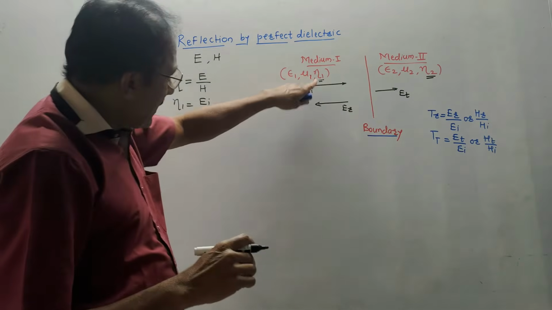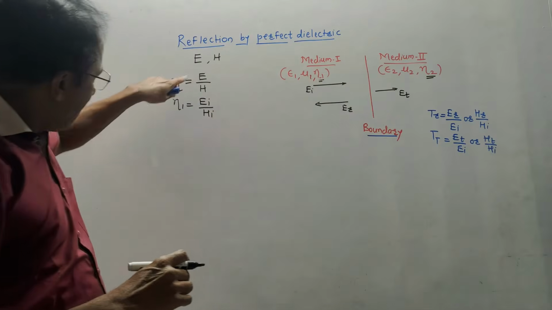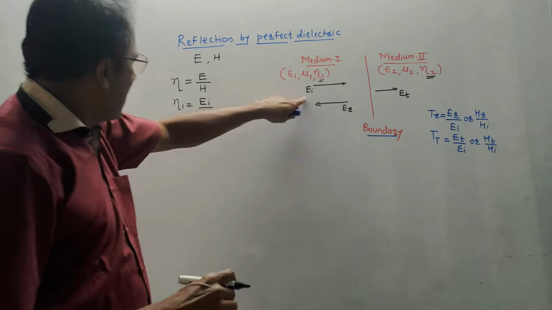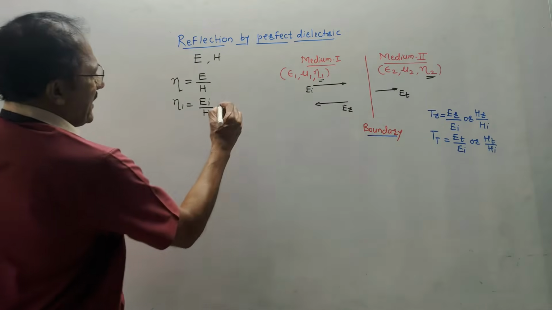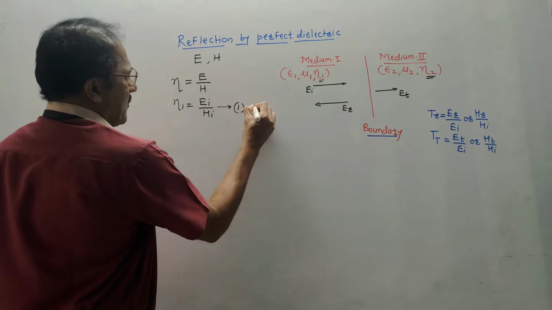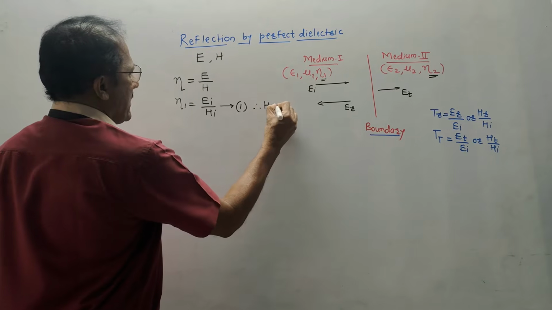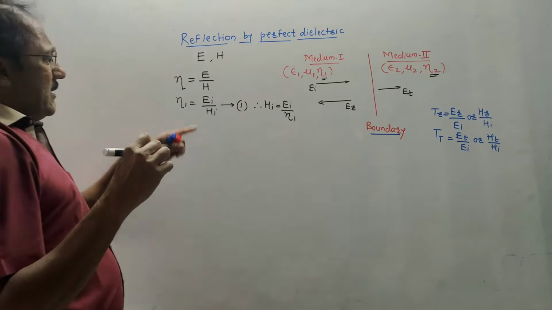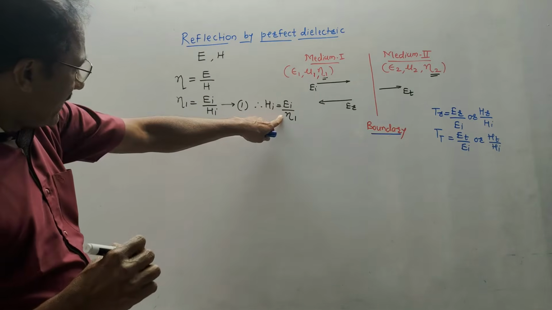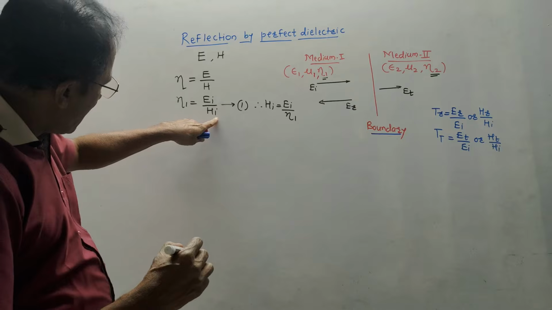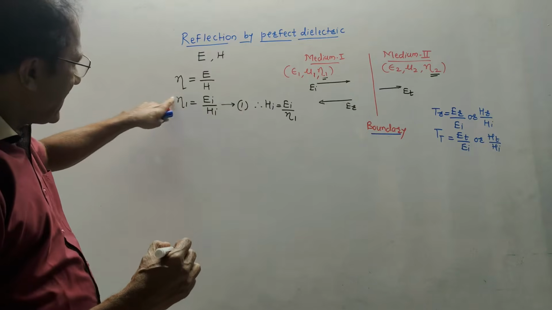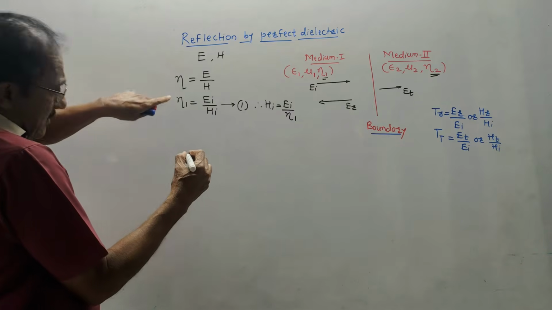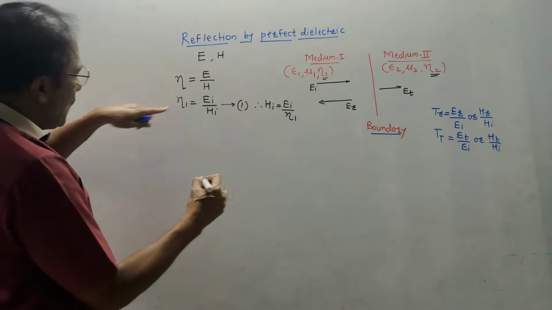What I did, I am talking about medium 1, so eta is E by H. In medium 1, we have the incident wave, so EI upon HI. Let us say this is equation 1. From this, I can simply write HI is equal to EI upon eta 1. From the same equation, I have written the equation of HI. Simply I interchanged the position of HI and eta 1.